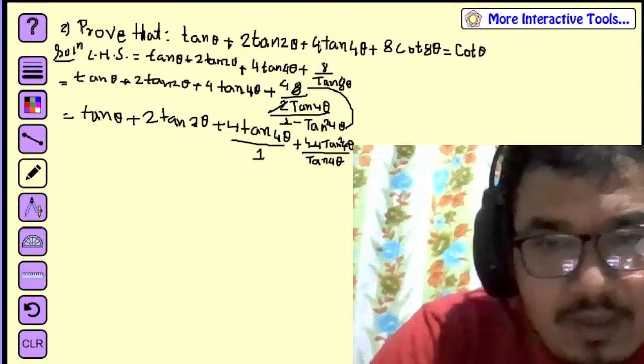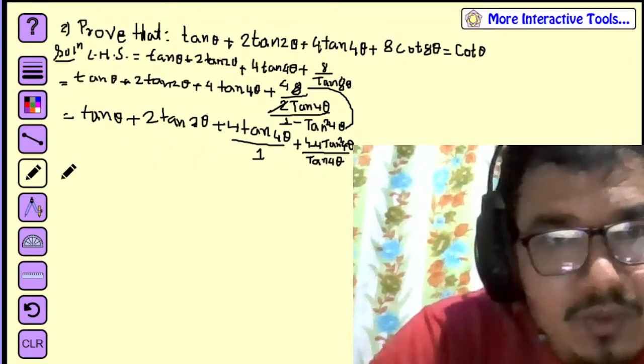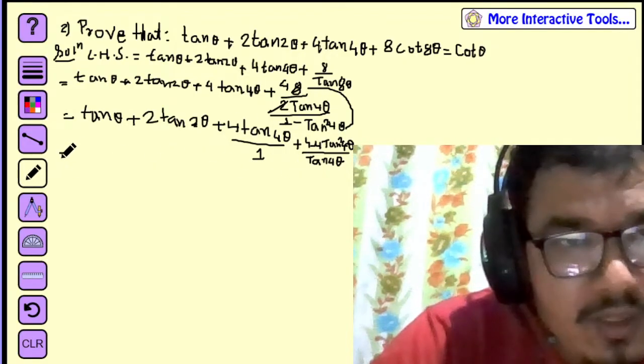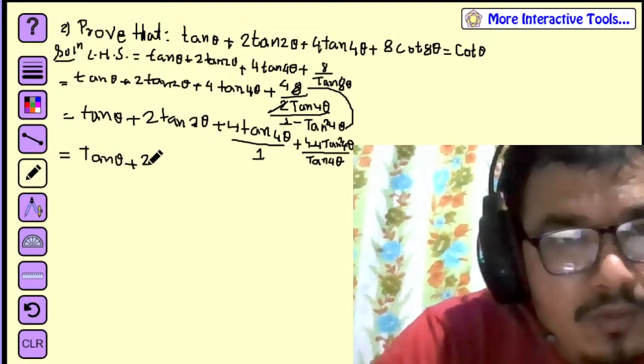Now if we take the LCM of these last two terms only, write the other terms the same: tan theta plus 2 tan 2 theta.